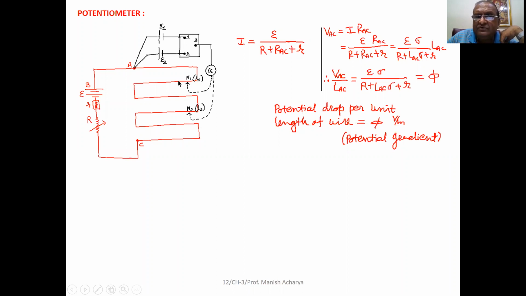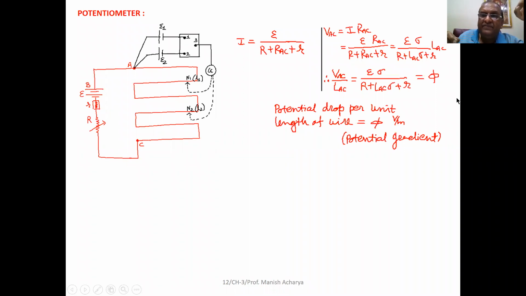And then after, suppose we take another wire from any point of this potentiometer wire. Now, if here the length of the potentiometer wire used, that is the small l, then across that particular length of the wire, the potential difference obtained, that is phi into l.